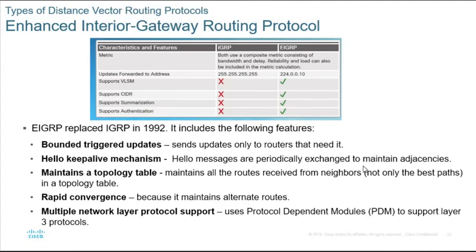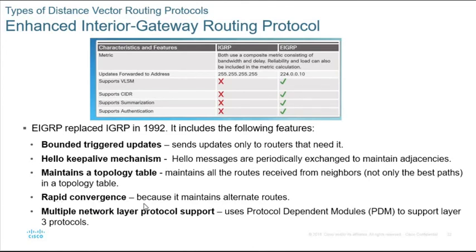To check on certain network neighbors, it doesn't send the entire routing information update, just a hello keepalive mechanism. It also maintains a topology table of routes received from its routers, so it's more like a pure update here.